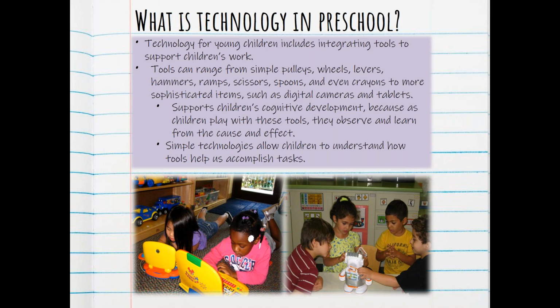So we have simple pulleys, wheels, levers, hammers, ramps, scissors, spoons, and even crayons, to more sophisticated items such as digital cameras or tablets or other electronic devices. So these support children's cognitive development because as children are playing with the tools, they observe and they learn from cause and effect. Simple technologies allow children to understand how the tool helps them to accomplish a task.